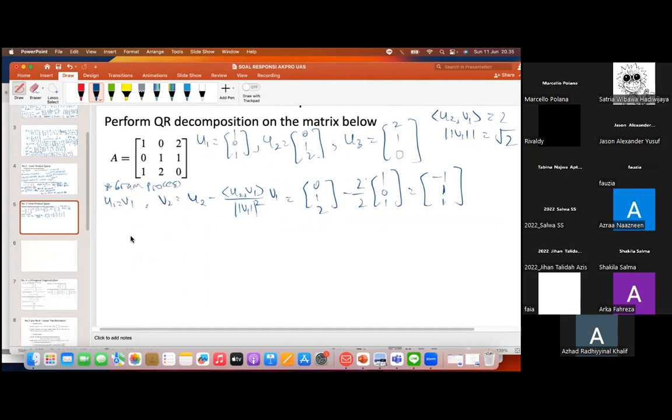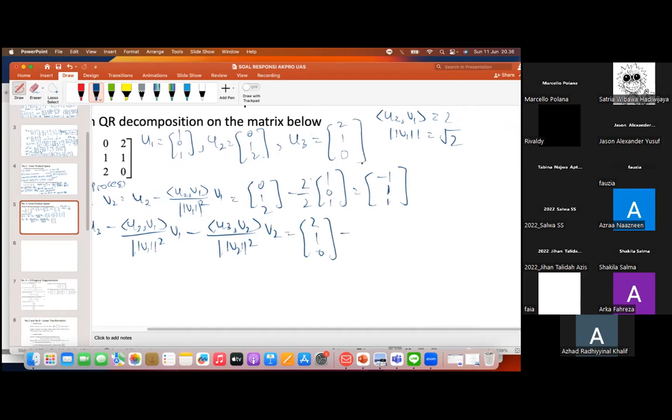Now we're going to do it for v3. So v3 is u3 minus <u3,v1> over the length of v1 squared times v1, minus <u3,v2> over the length of v2 squared times v2, which is equal to 2, 1, 0 minus, <u3,v1> is 2 times 1, 0, 0.